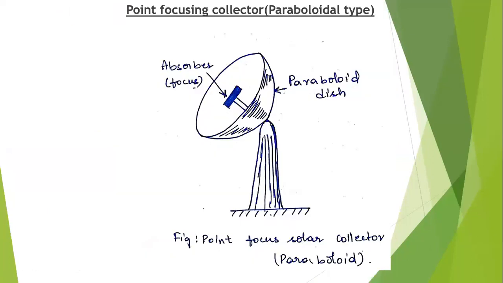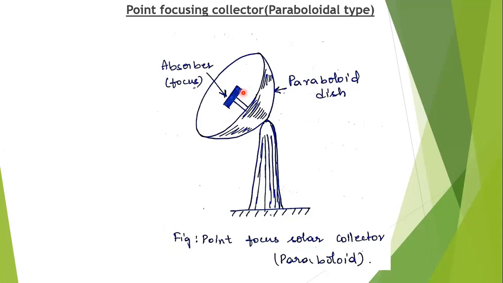Next type is the point focusing collector, paraboloidal type. This brings the solar radiation to a focus at a point of small central volume. In the middle we have a small central volume and all the solar radiations are brought to this point.